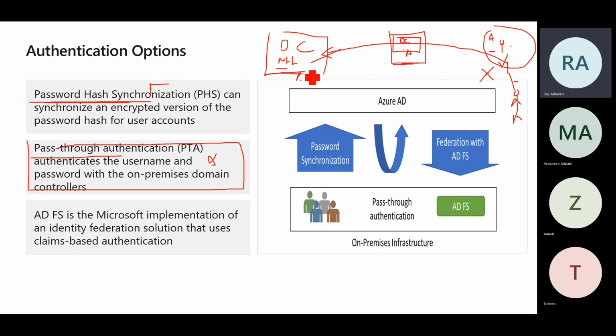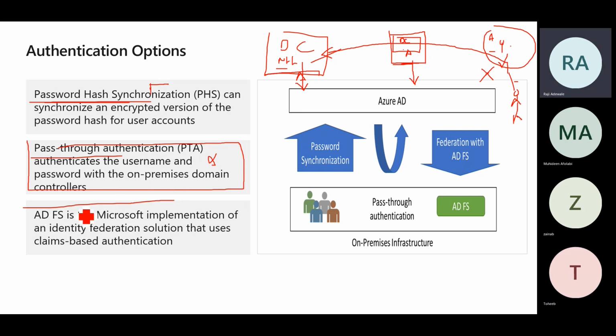That is why even when your domain controller is down, or your Azure AD agent is down, users who are synced to the cloud will still continue to be able to log into the cloud, at least for a period of time. Even when their password has expired, they will still be able to log into the cloud, which gives you that leverage over challenges you may have when using pass-through authentication.